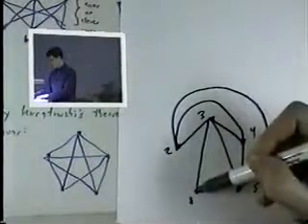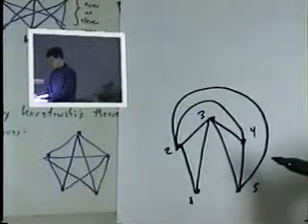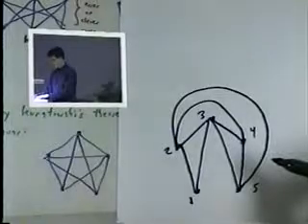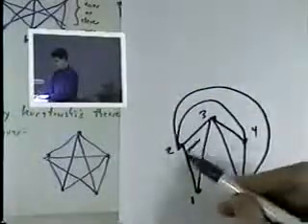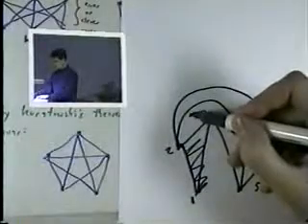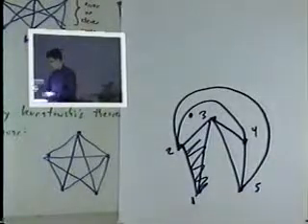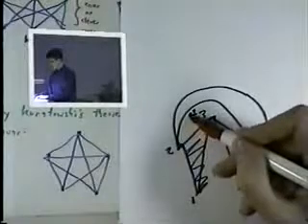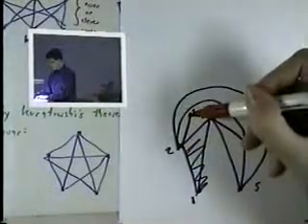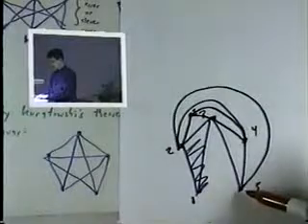Then 1, 2 straight. You may put 3 in the center and put 1 up. So we could put 3 in the center, and then 1 shouldn't go here at all, should it? So 1 should go here, right? And 5 in the triangle of 2, 3, 4. So we should put 1, 3 here, right? Yeah. So now we can go 1, 2, 3, 1, 3, 4, and 1, 4. And you put 5 in the triangle of 2, 3, 4.